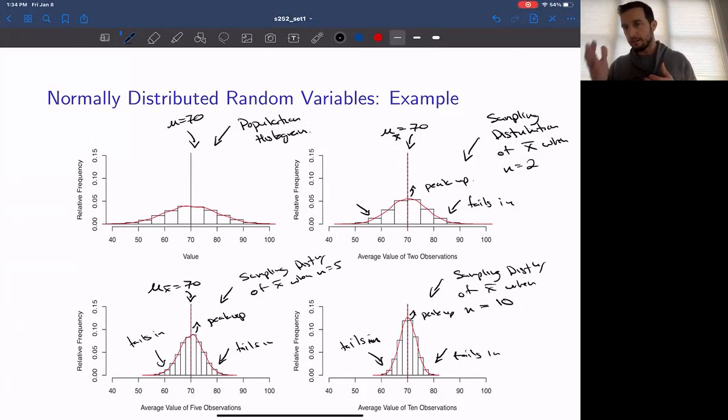The mean, the center of the bell curve, is always in the same spot, but the tails move in as the sample size increases. And this represents accuracy in the distribution of our estimates of interest, which basically is saying that the more information we collect, the more accurate our estimate is going to be.